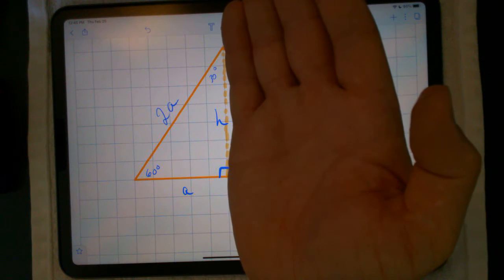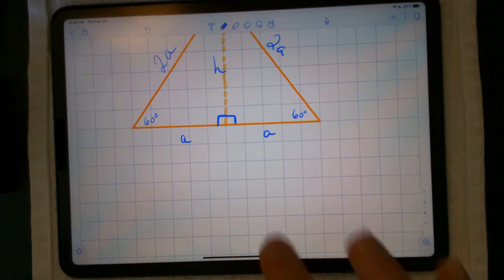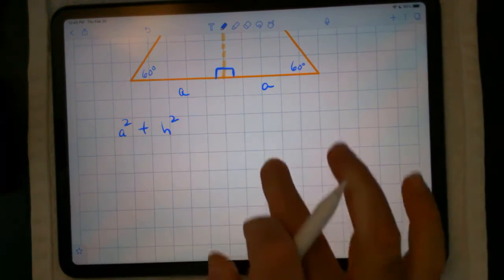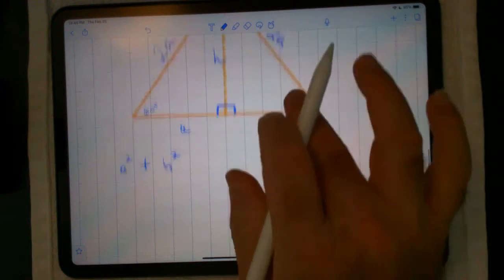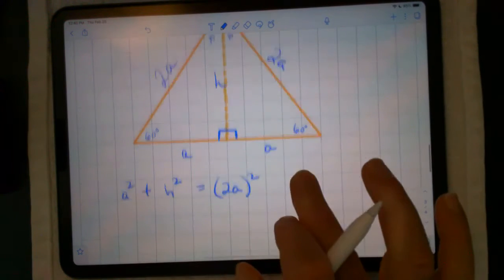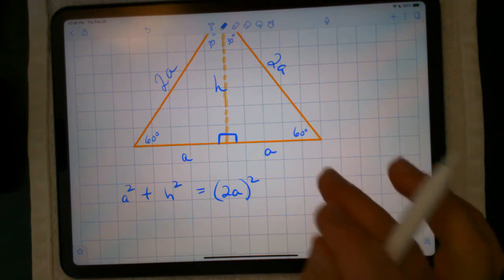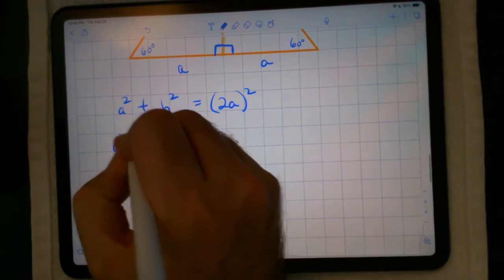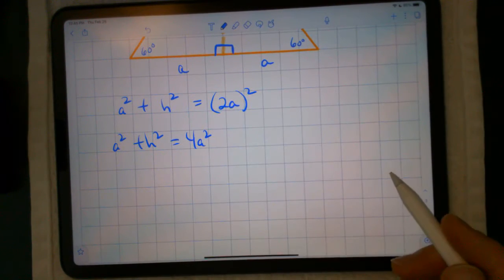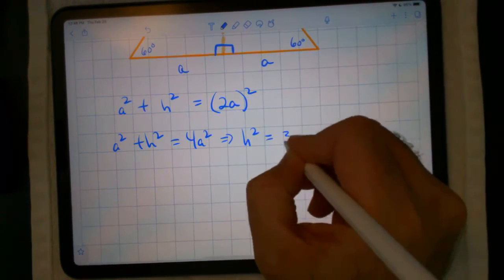And what is the height? Okay, so apply the Pythagorean theorem. We have a squared plus b squared, in this case b is the height, is equal to c squared. Okay, solve for h. So we have a squared plus h squared equals 4a squared. You square the right side. Subtract a squared from both sides. This implies that h squared is equal to 3a squared.